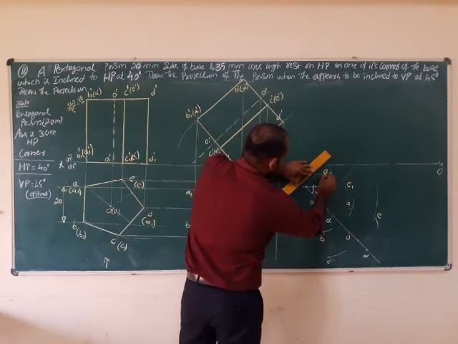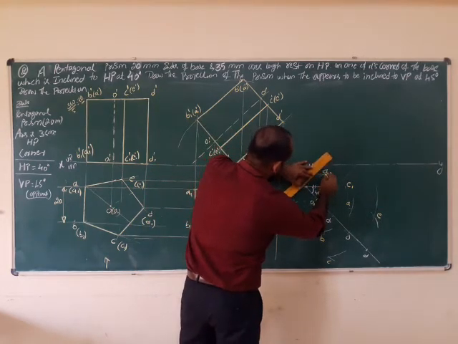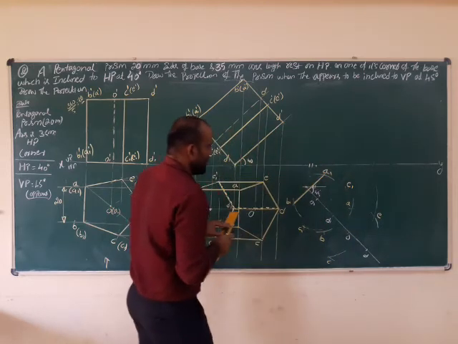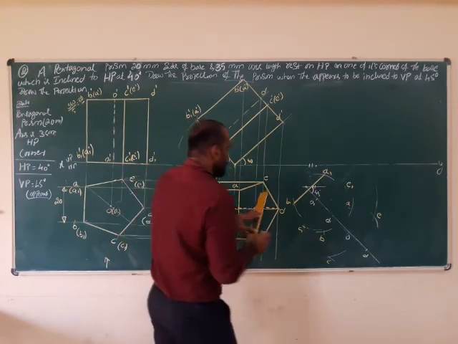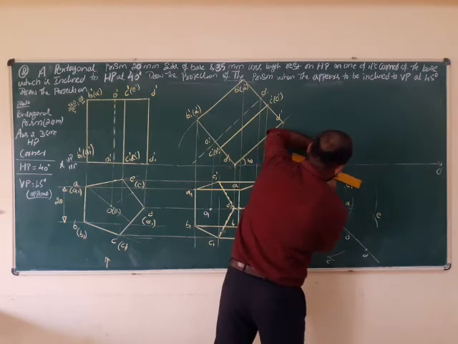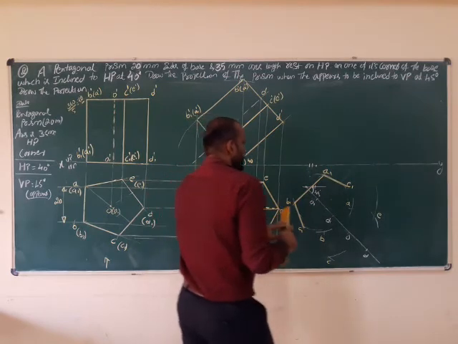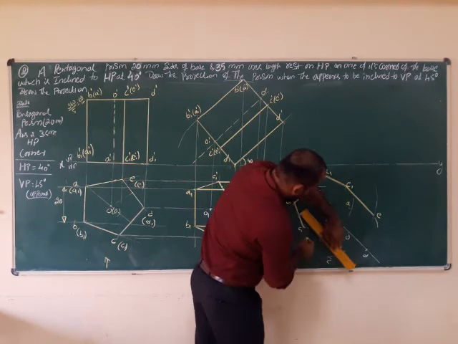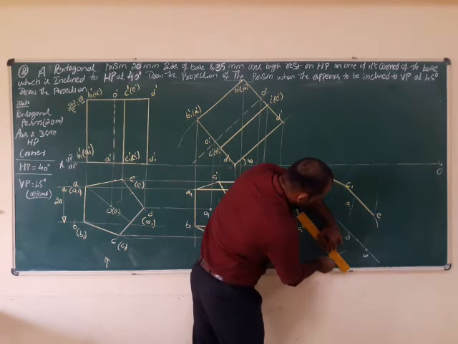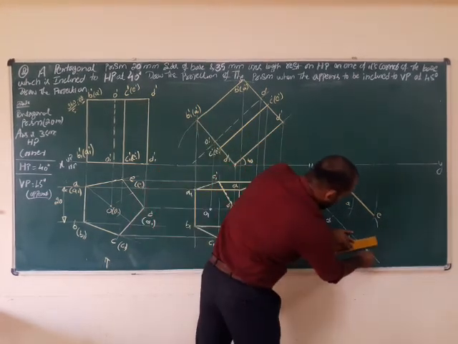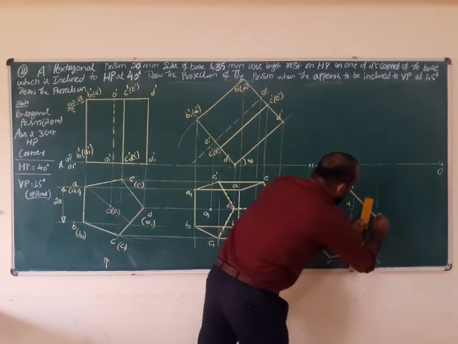First, I will take A to B. Draw a straight line. Next, B to E, A to E. Next, E1 to E. There is also A1 to C. Join from all the corners.